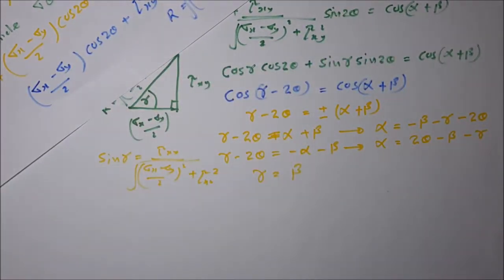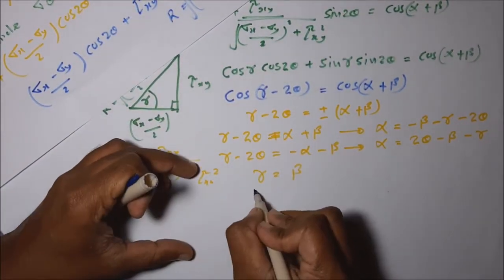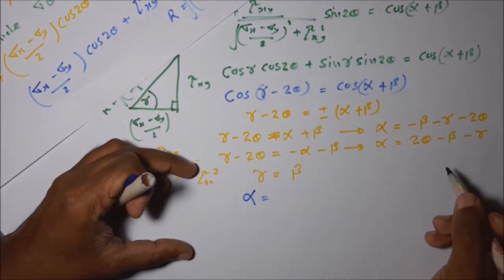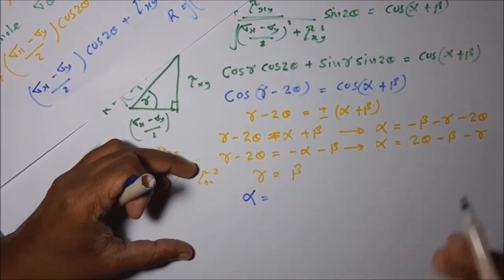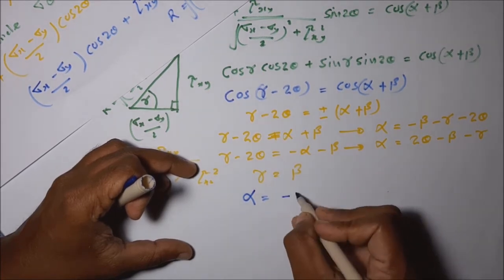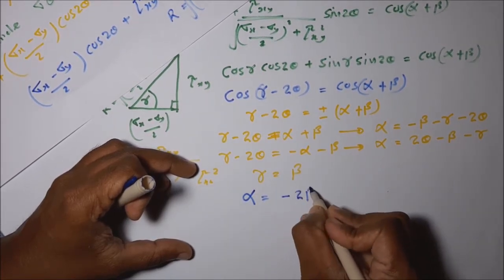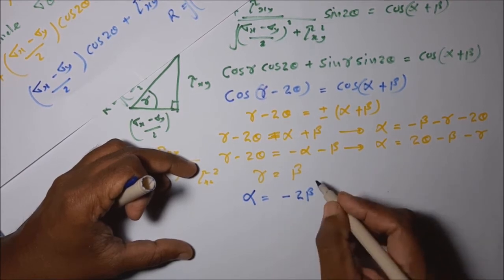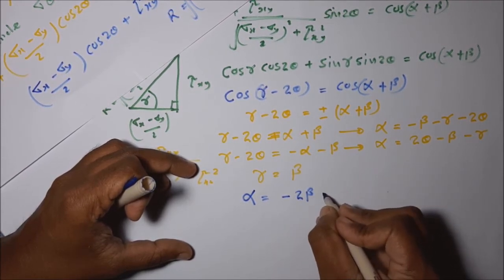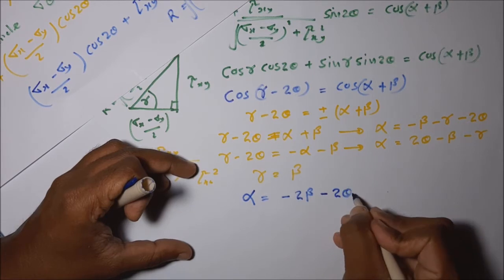So then we can further simplify these equations. We are getting alpha is equal to minus 2 beta minus 2 theta.